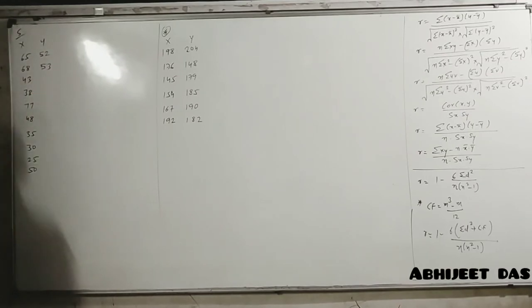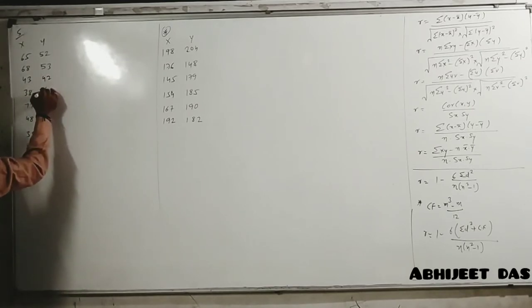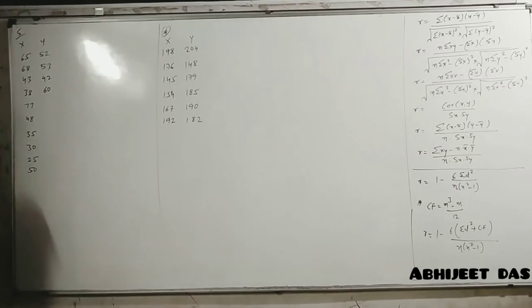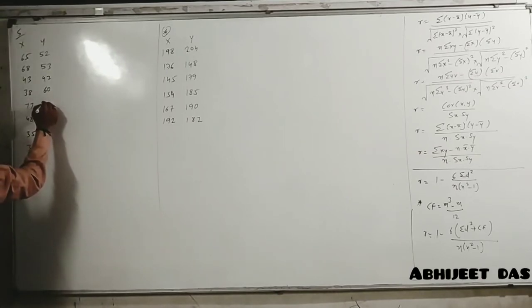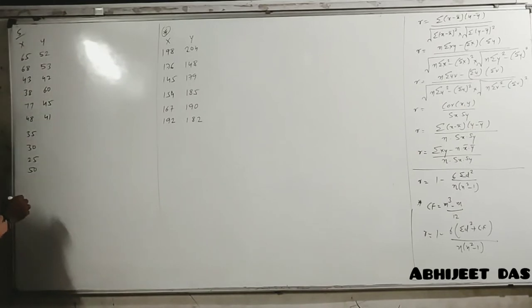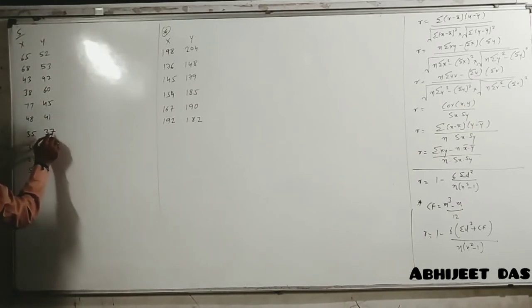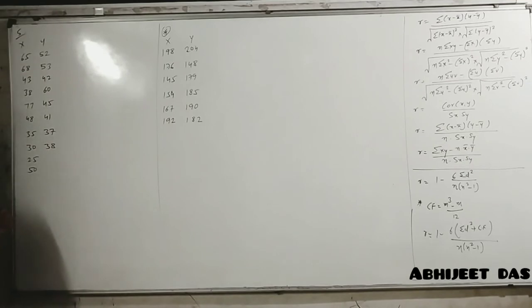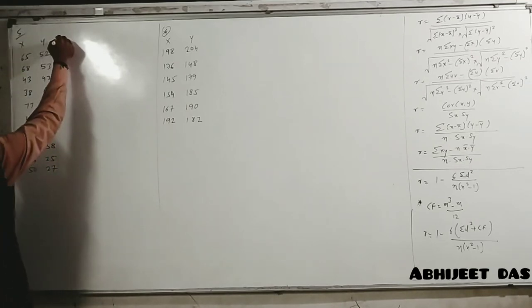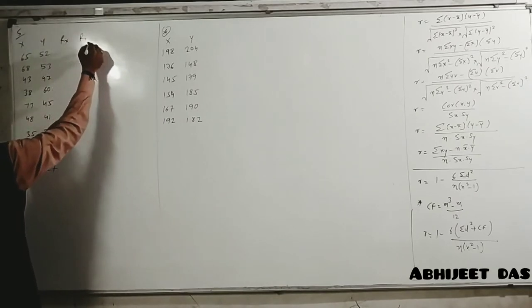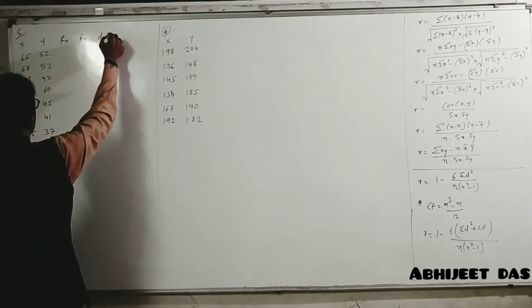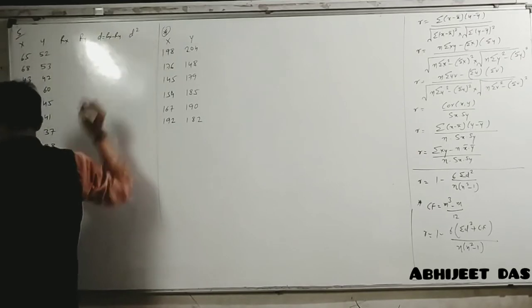Y: 52, 53, 42, 60, then 45, 41, then 37, 38, 25, 27. I want you people to allocate the ranks for Rx, Ry, then find the difference Rx minus Ry, and then D square.